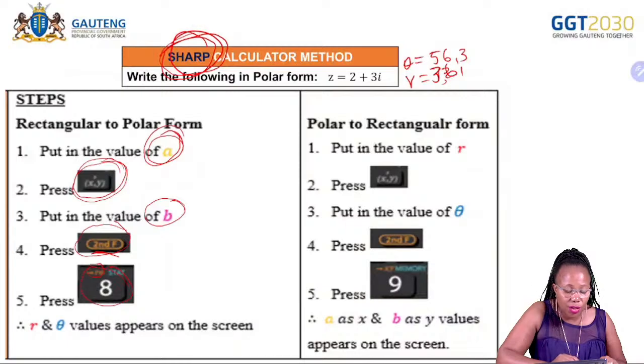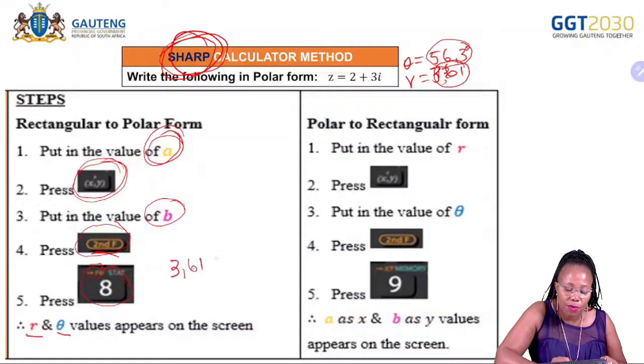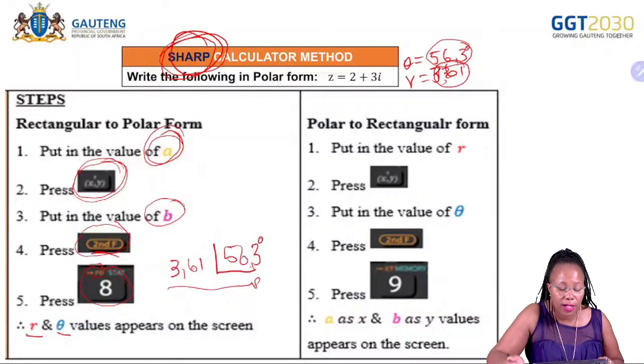Then on your screen automatically it will show the R value and the theta value, indicating that theta is 56,3 and the R is 3,61. Okay, so grade 12 yours is to take that one and write it in 3,61 from your calculator, and then with the 56,30. That is how you use a calculator to find the polar and the rectangular form.